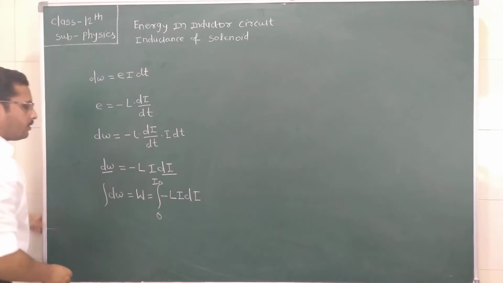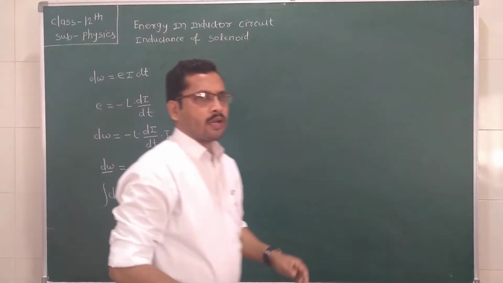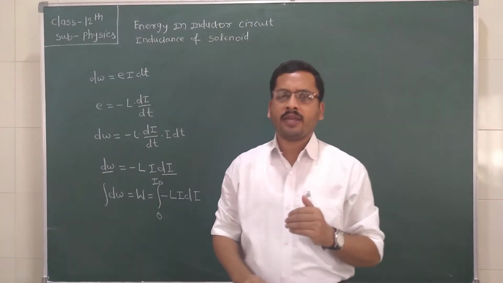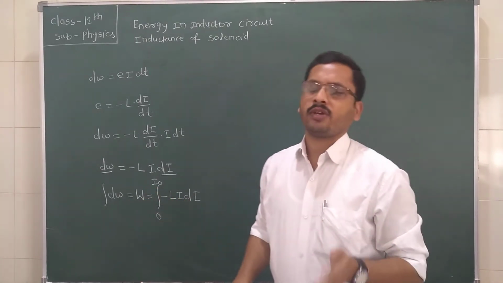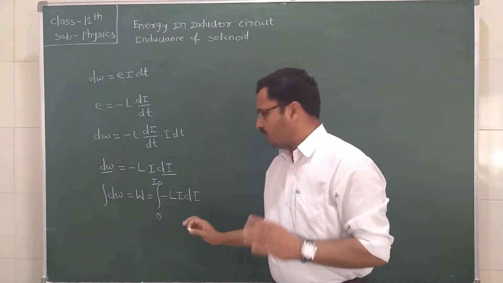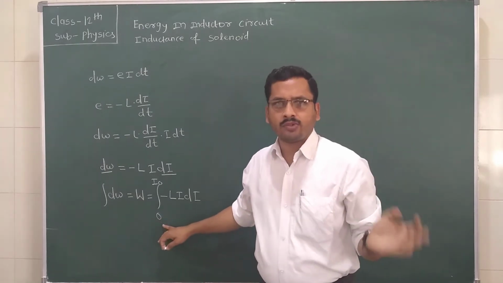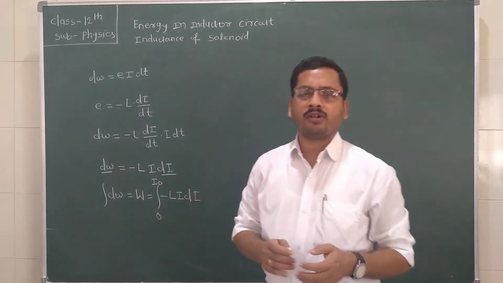Why are we taking this limit from 0 to I0? Because we have to maintain the current I0 in the inductor circuit. So we take the lower limit as 0 and the upper limit as I0.